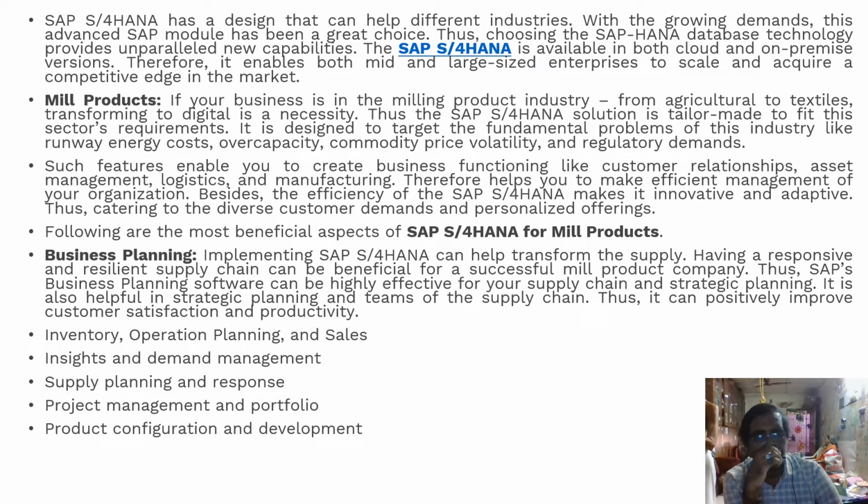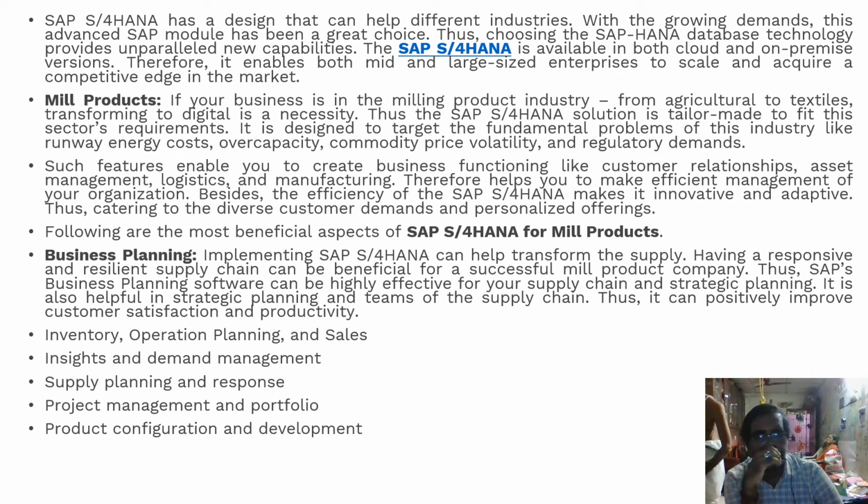It is designed to target the fundamental problems of this industry like runaway energy cost, overcapacity, commodity price volatility, and regulatory demands. And it enables business functions like customer relationship, asset management, logistics, and manufacturing, right? Therefore, it helps you manage your organization efficiently.